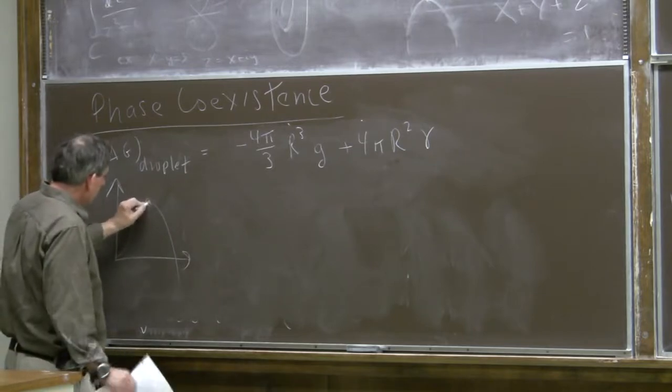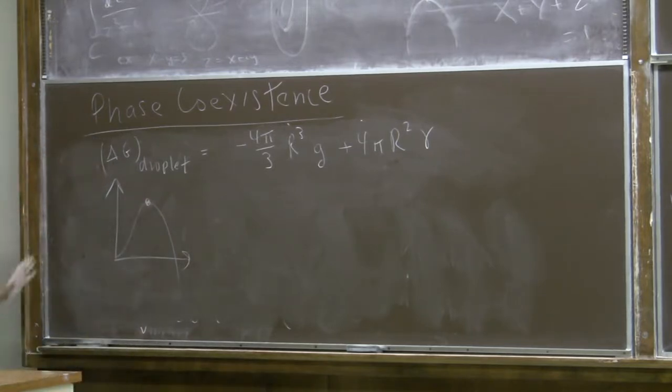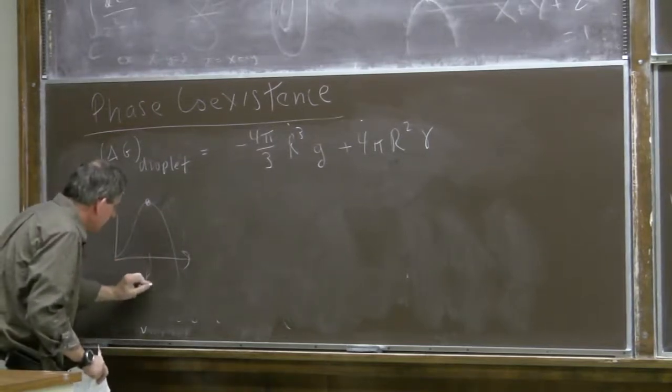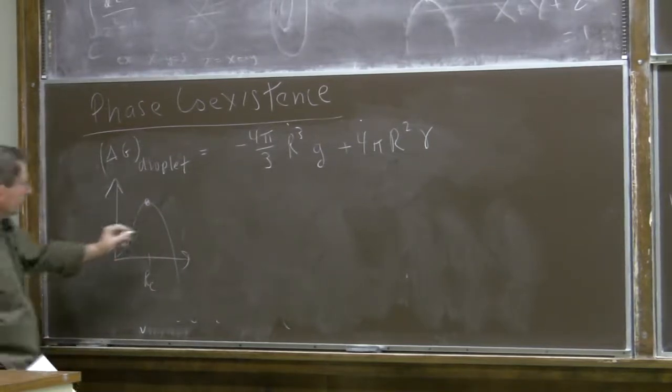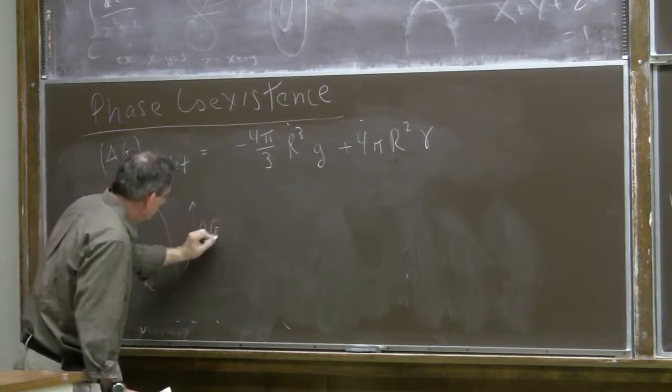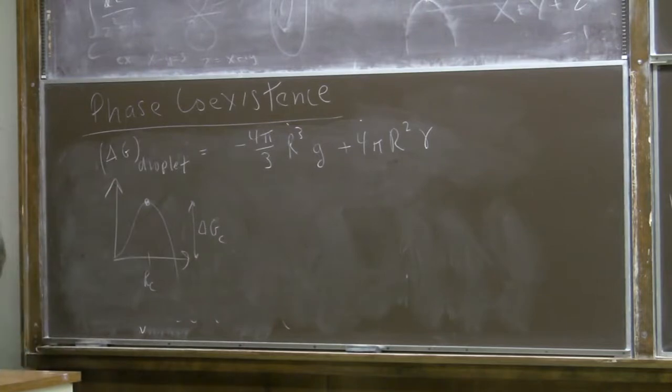But it means in order to make a droplet which is favored to grow larger, it has to exceed some critical size. And there's going to be some height in Gibbs free energy that we have to overcome to make that droplet which is large enough to grow.